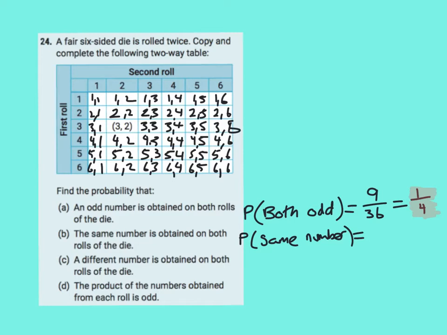So the same number, we have 1 1, 2 2, 3 3, 4 4, 5 5, and 6 6, and I can't see any more there. So that will tell me I get 1 2 3 4 5 6 over 36, which will give me 1 over 6.